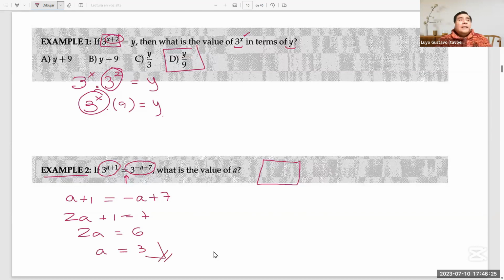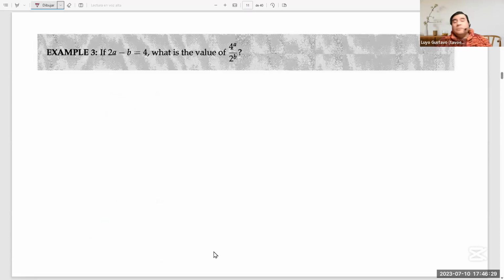All right, let's see some more examples. Okay, try this one now. Example number 3. If 2a take away b equals 4, what's the value of 4 up to a over 2 up to b?